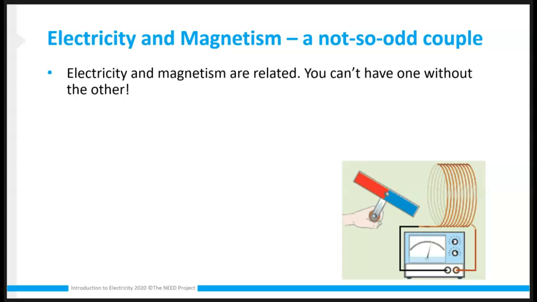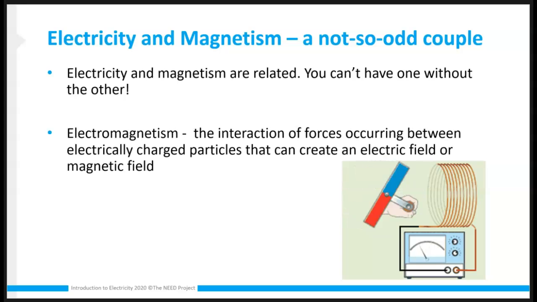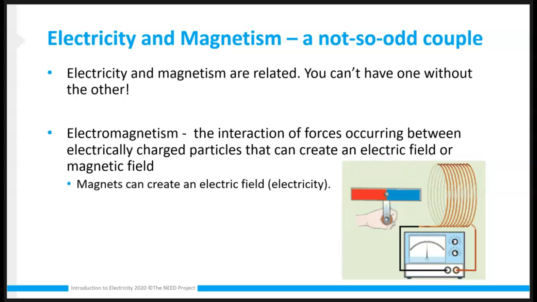This is due to an important term called electromagnetism. It's the interaction of forces occurring between electrically charged particles that can create an electric field or magnetic field. So magnets can create an electric field.